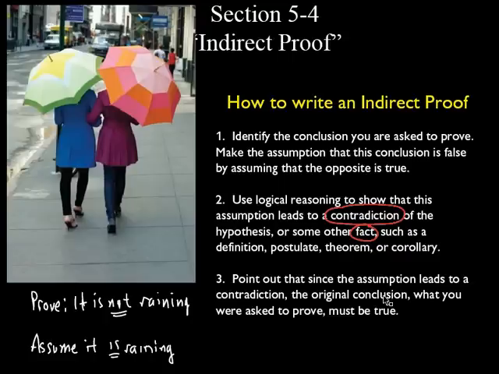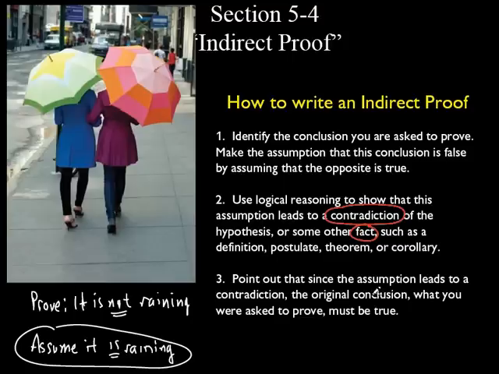So since the assumption leads to a contradiction, the original conclusion, which you're trying to prove, must be true. If I assume the opposite and it contradicts a given fact, what's the given fact? The given fact is that the umbrella should be wet if it's raining outside. So there's our contradiction. So guess what?